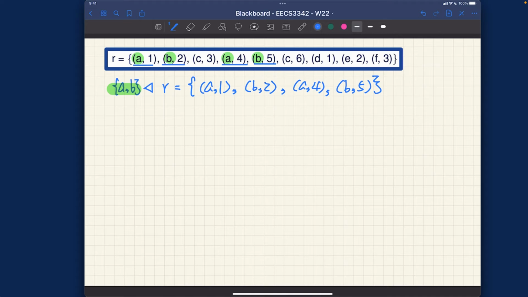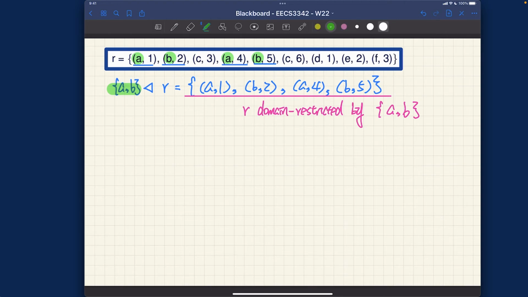So you can say this is R domain restricted by AB. That's another way to say it, right?